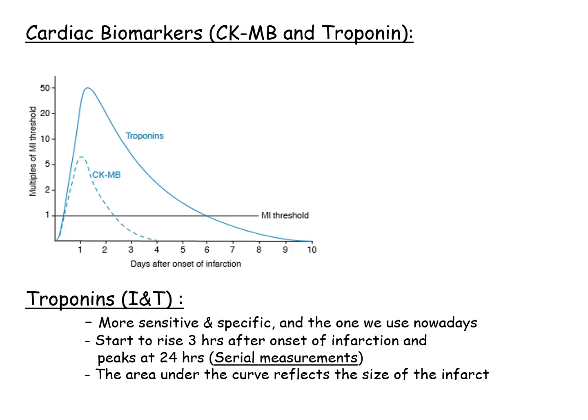The 2 most common proteins that are used in the assessment of acute myocardial infarctions are CKMB and troponin. You see here the time frame of the rise and fall of these enzymes whenever you have myocardial infarction and cell death. Nowadays, we only use troponins as a cardiac biomarker in patients with suspected acute myocardial infarction because they are more sensitive and specific.